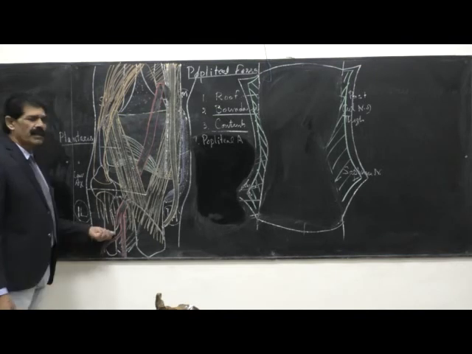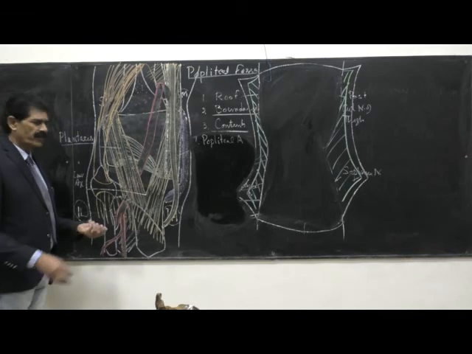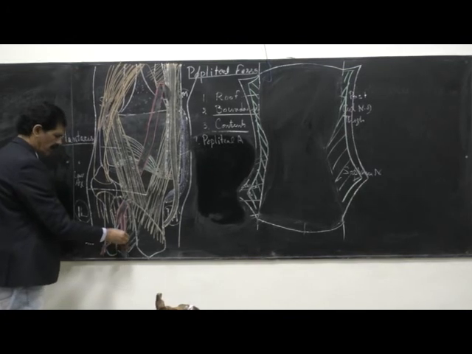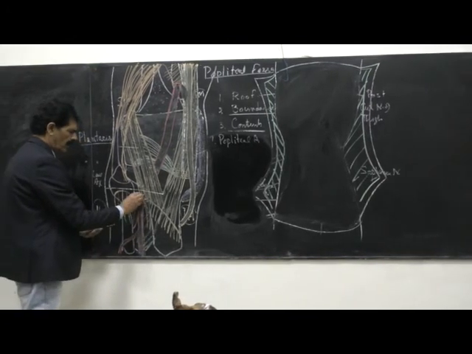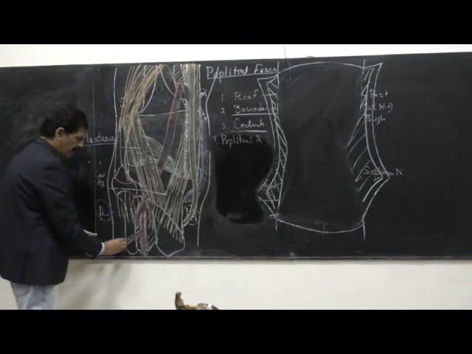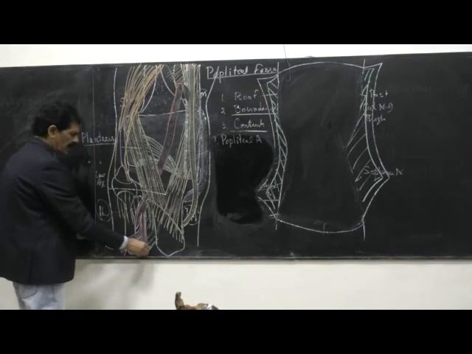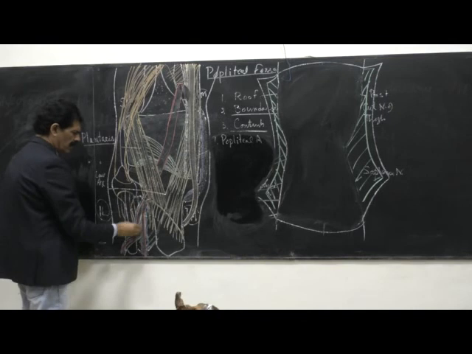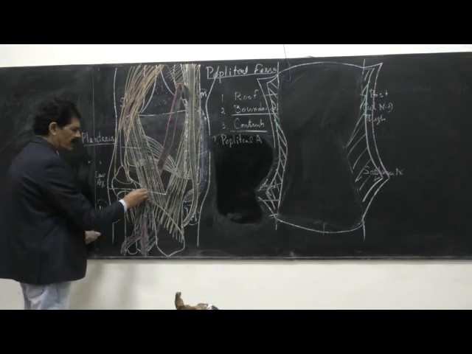And we know wherever the artery goes, veins come from that area. The veins accompanying all the arteries, that is the anterior tibial artery, peroneal arteries and the posterior tibial artery, they accompany the veins, and all these venae comitantes, they all unite to form what is called the popliteal vein.